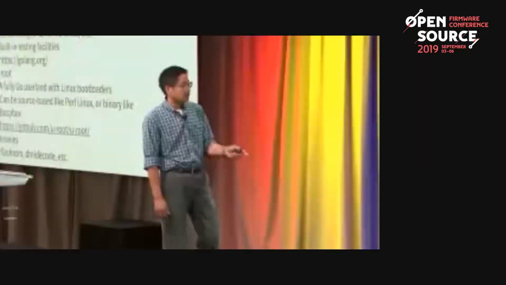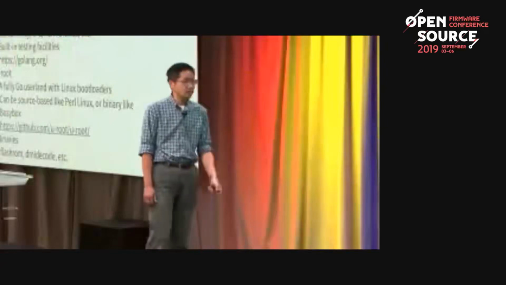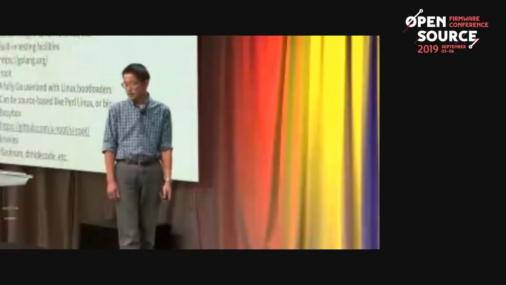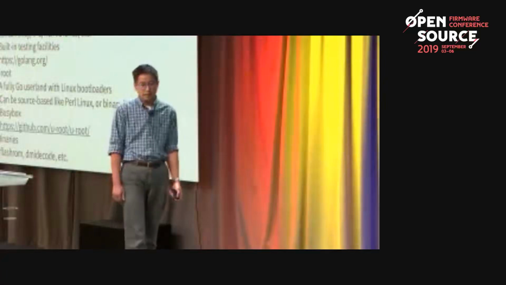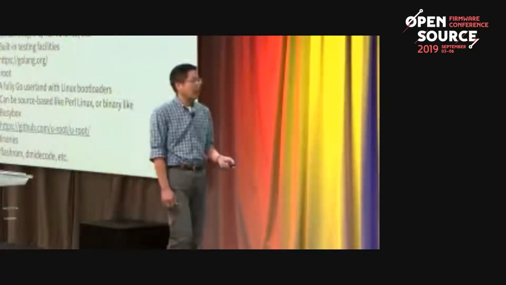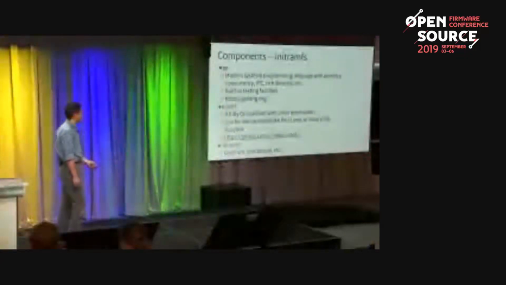This link is to u-root, and u-root has a vibrant community that has its charter and a steering committee. In the initramfs, we also include some binaries like flashrom and dmidecode.